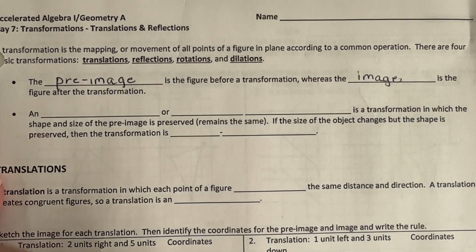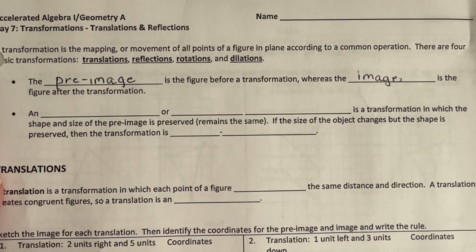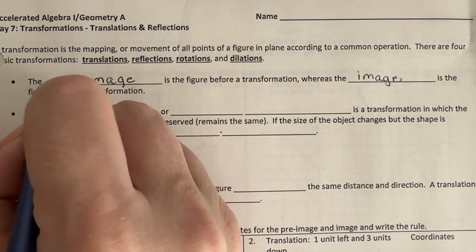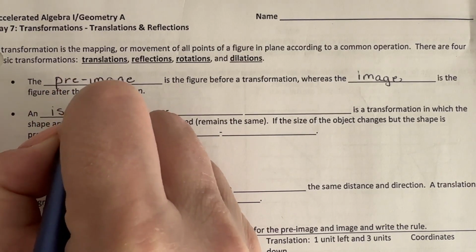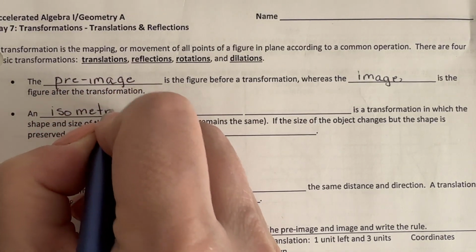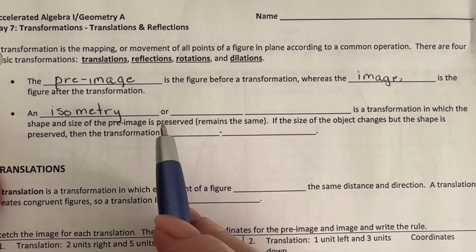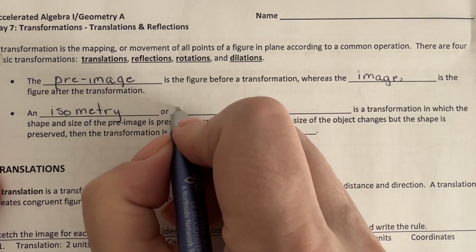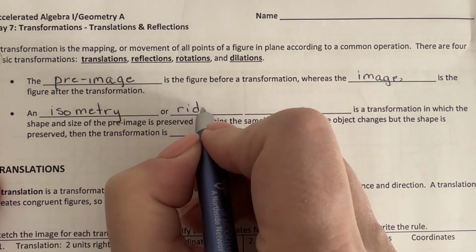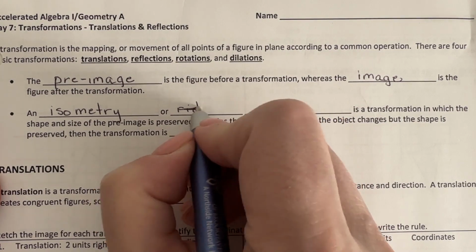Now, specific types of transformations, the ones we're going to be looking at today, are called isometries. These types of transformations are also called rigid.